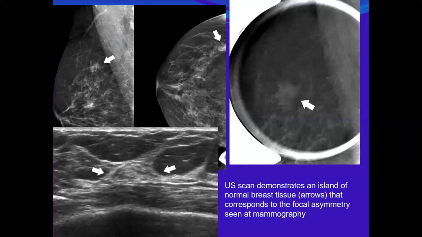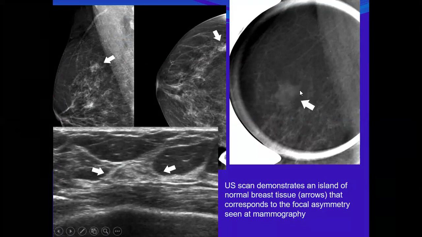Okay, so this is an example of focal asymmetry. It is small, seen in both projections, persistently seen on spot compression. So it is real. It is there.